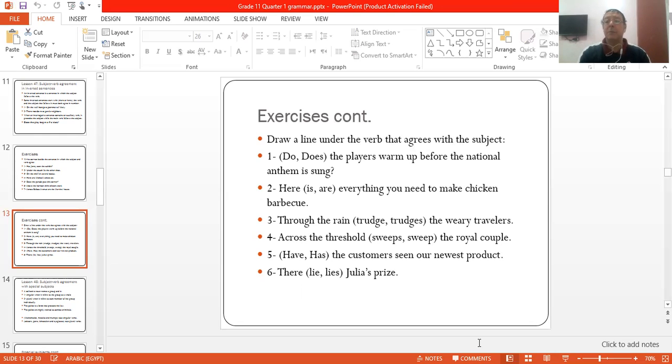Another example where the subject and verb are inverted is an interrogative sentence. Do you play chess? Here, do is an auxiliary, you is the subject, and play is the main verb. Another example is when we start with here and there.